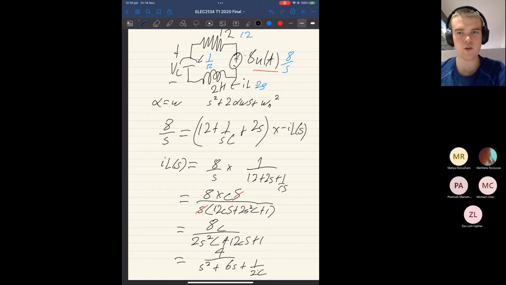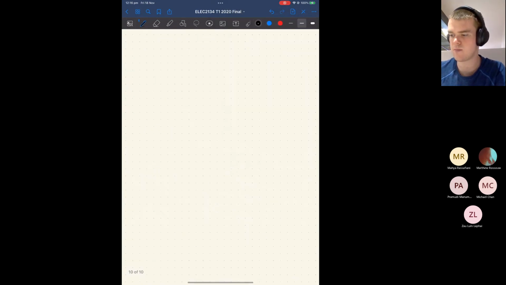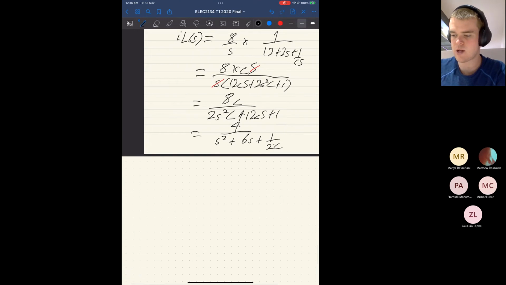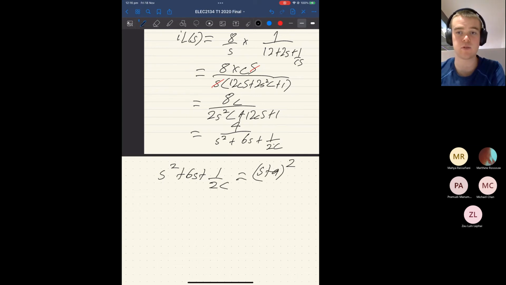Now this is where you can start looking at your alpha and omega to get those values. But I just know that we go s squared plus 6s plus 1 on 2C. And I need that to equal s plus A squared to be critically damped, which is s squared plus 2As plus A squared.